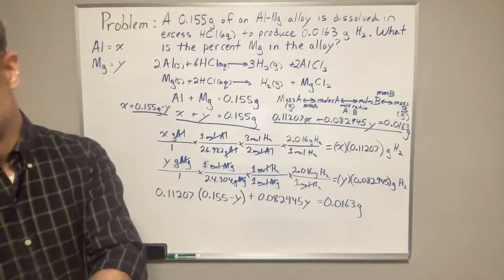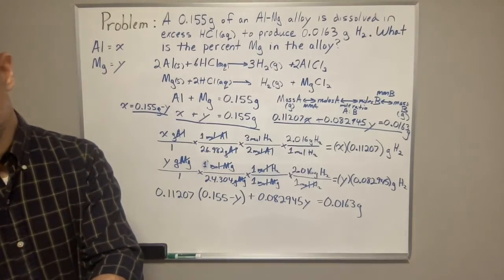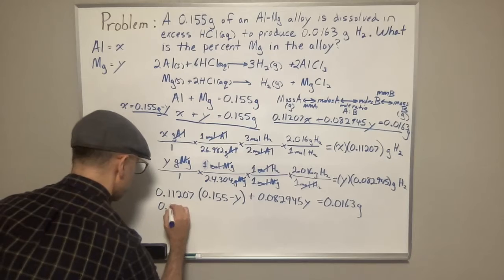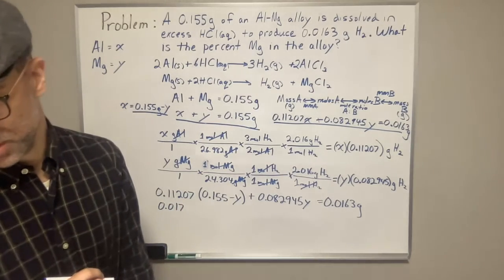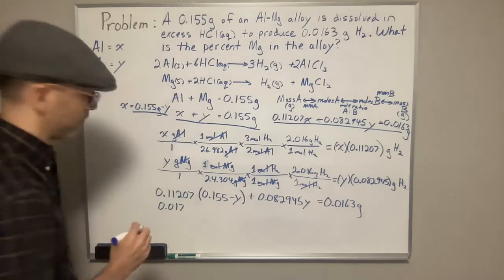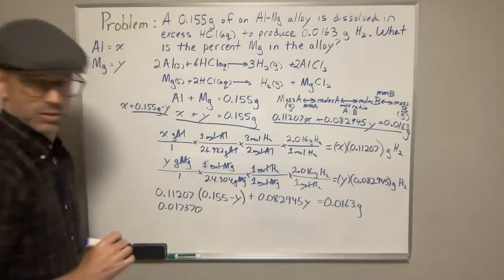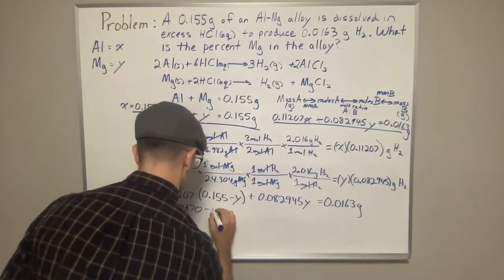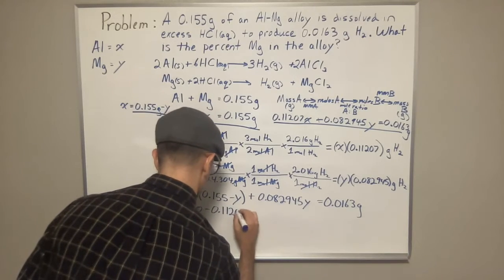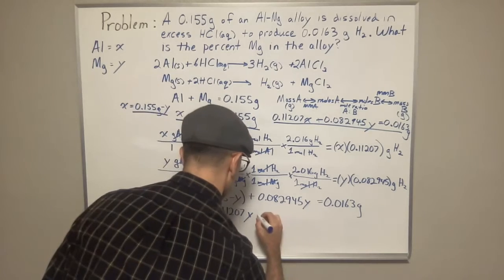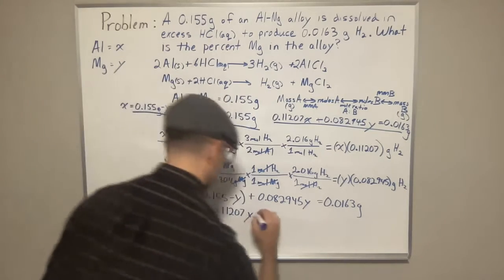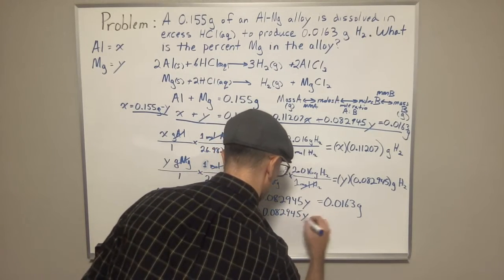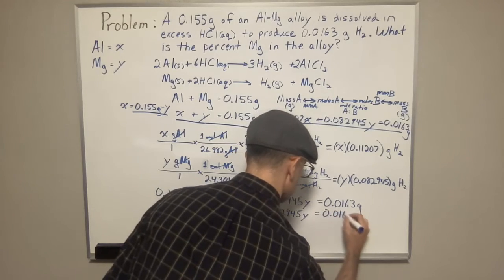Okay, so now I can multiply this out. If I multiply that out, I will get 0.017370, minus 0.11207y, and then plus 0.082945y is equal to 0.0163 grams.